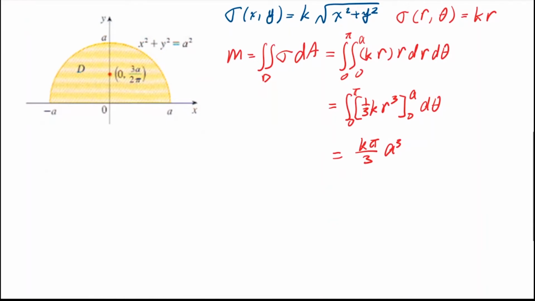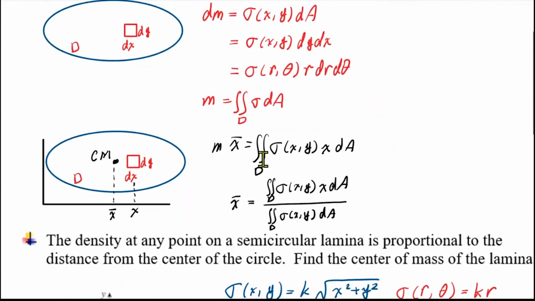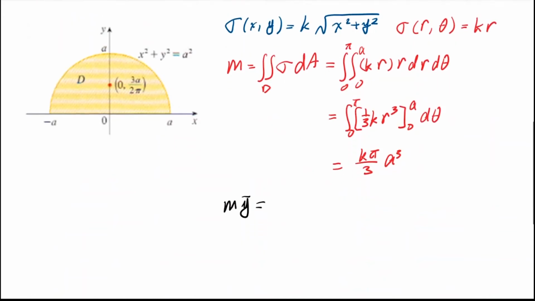Okay, so let's calculate this thingy. Kind of like what we did here, that's a double integral of exactly the same thing, 0 to a and 0 to pi, of this thingy, kr. I'm gonna write it a little more abstractly, over our D, and then we need to stick y in here. You get it?